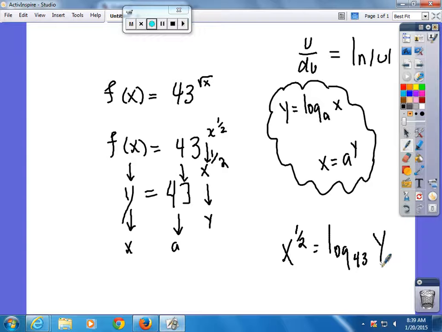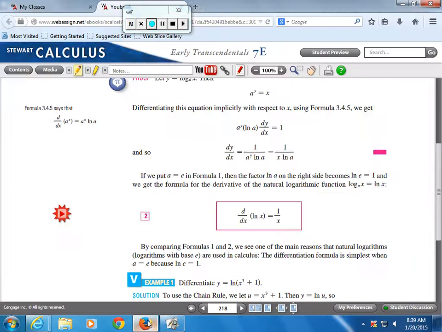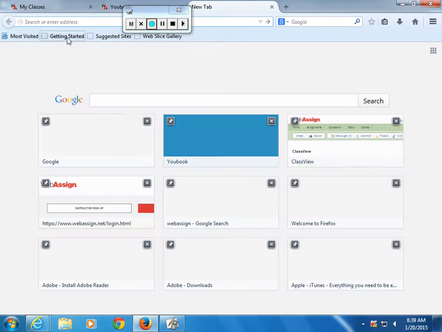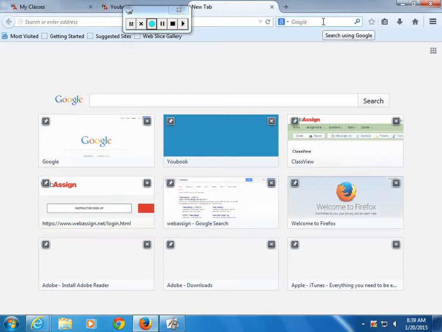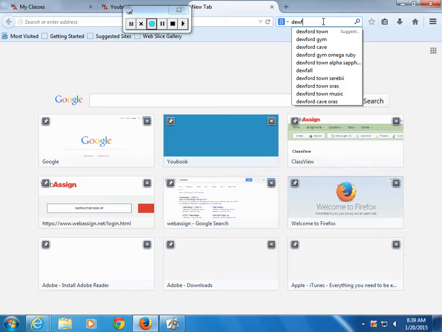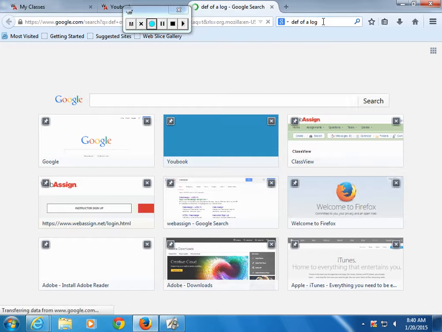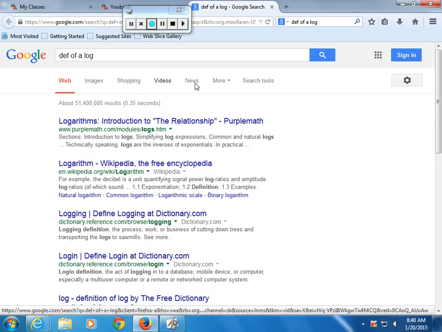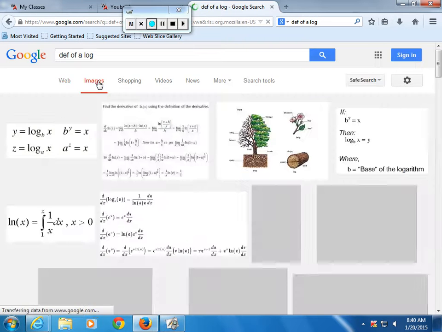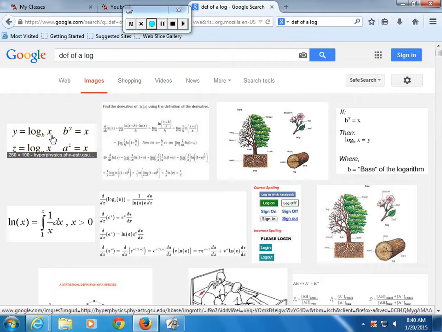Well, you take the derivative of it. Now if you need the definition of a logarithm, all you got to do, go to your handy dandy website or Google definition of a logarithm. Just do the images so you can see it right quick.